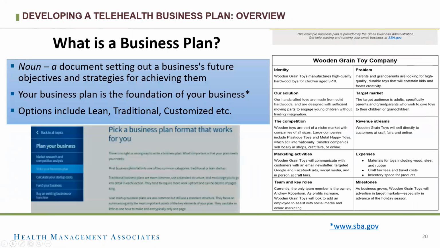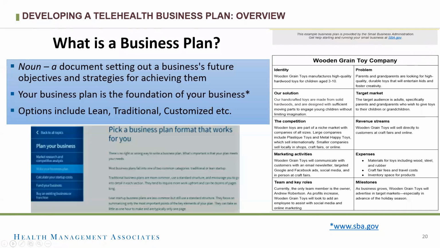I like to keep things simple, so I pulled out the dictionary definition of business plan, which is the first bullet you see. A noun, a document setting out a business's future objectives and strategies for achieving them. Also, the Small Business Administration mentions that the business plan is the foundation of your business.